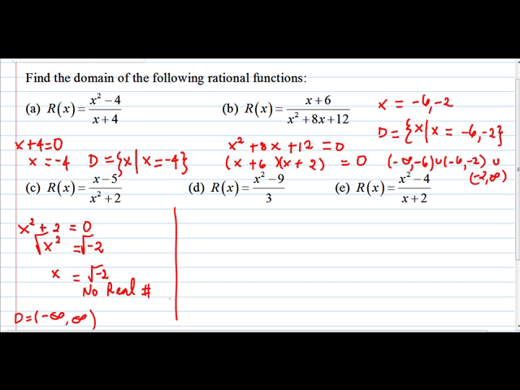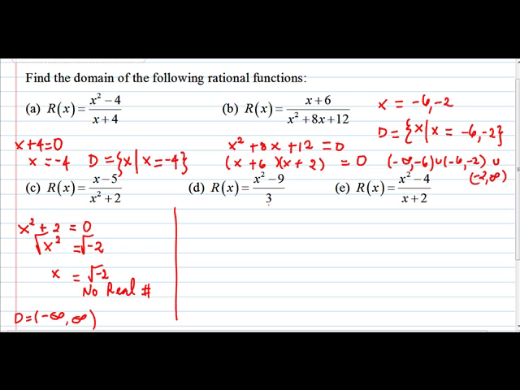Part D, we have x squared minus 9 over 3. Our denominator here is 3. If you observe this, our denominator here does not have an x value. That means this denominator does not depend on x.